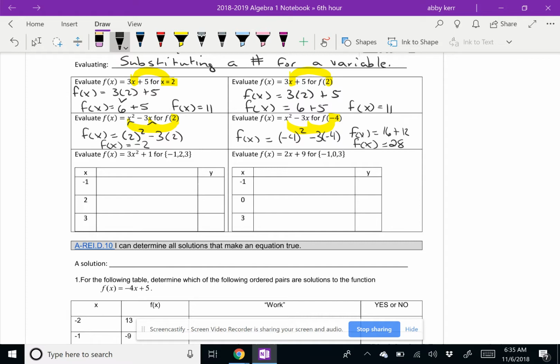Now notice the problem that I gave you isn't just one x anymore. It's actually a set notation or a set of x's. So I put the x's in a table to help clarify my thoughts. So all you have to do is plug in each value.